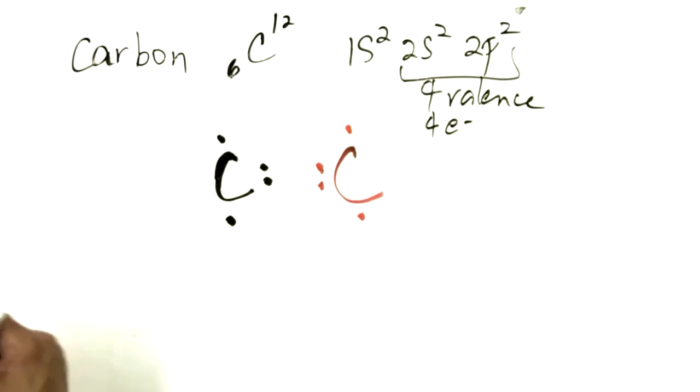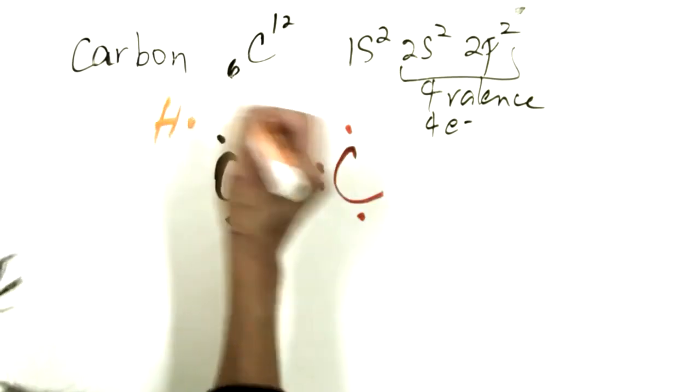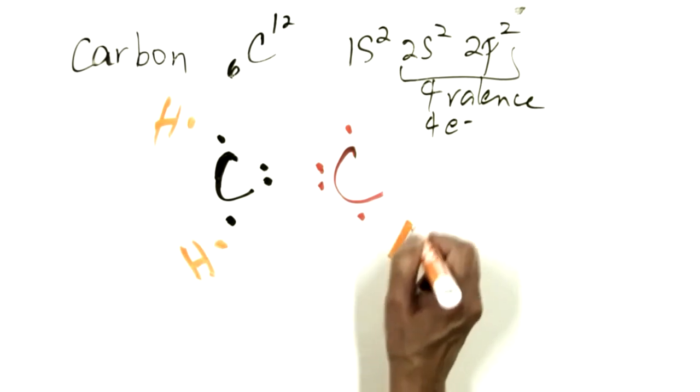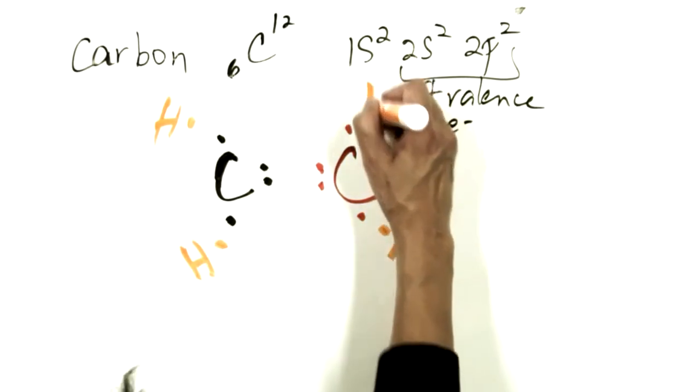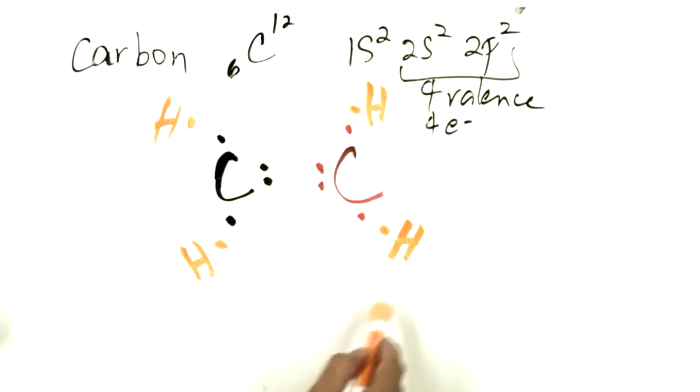So let me bring in hydrogen. All right, so let's say I have hydrogen here with 1 electron, another hydrogen atom here with 1 electron. How can these 6 atoms share electrons so that at the end all of them will become stable? So class, look at this.